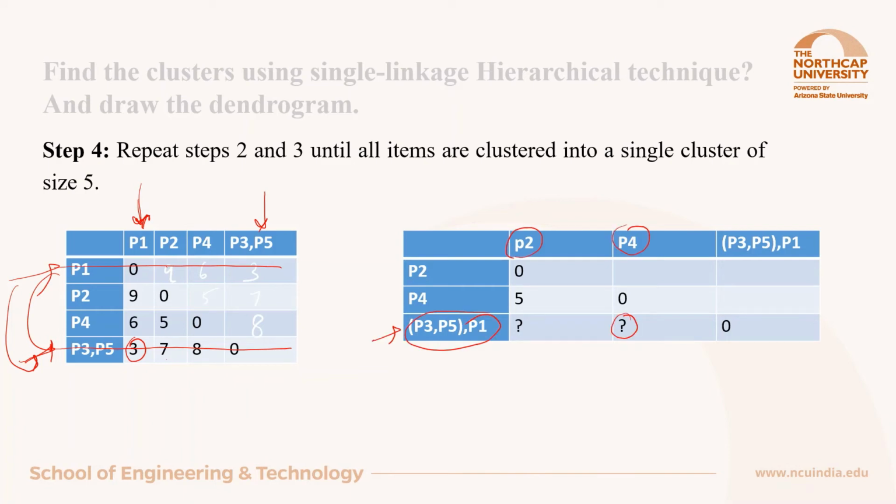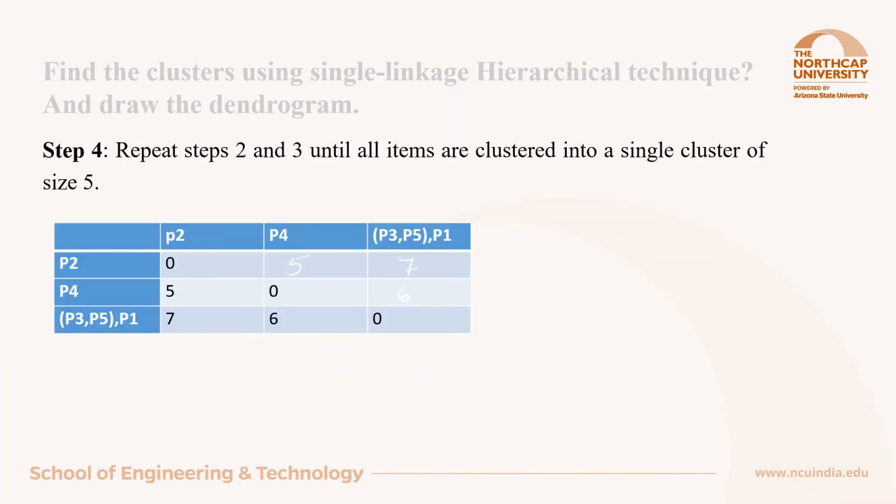And here we'll use single linkage clustering, wherein to write the distance here, you will have to look at the lowest of the two, 9 or 7. So 7 will come here, and for the distance between P4 and the newly formed cluster, you will have to look at the lowest value between 6 and 8. So 6 will come here.